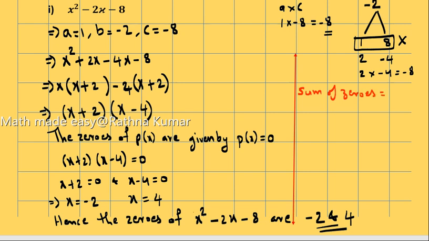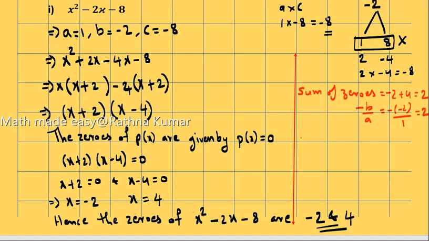Sum of zeros is minus 2 plus 4, that is nothing but 2. And we know that sum of zeros is equal to minus b by a. What is b? Minus of minus 2 by a, which is 1. So this is nothing but equal to 2. So we got both as 2.